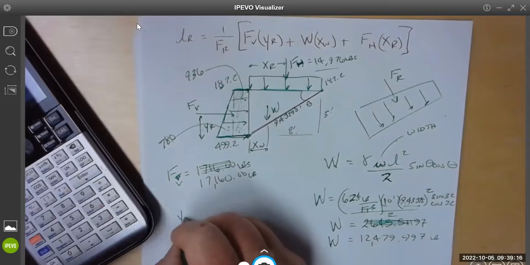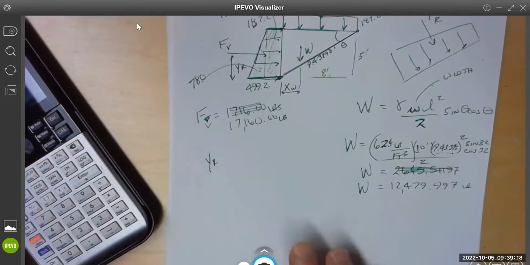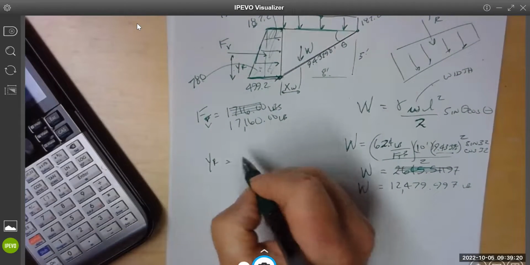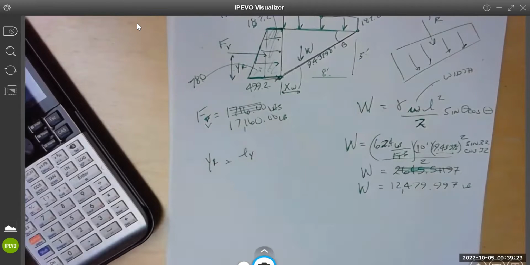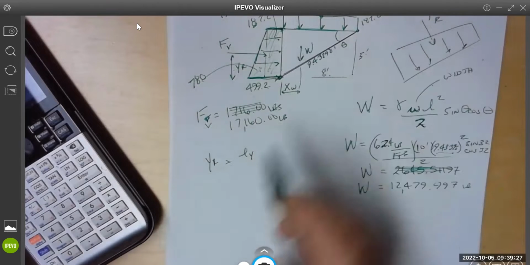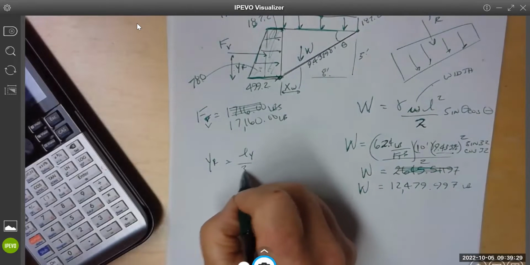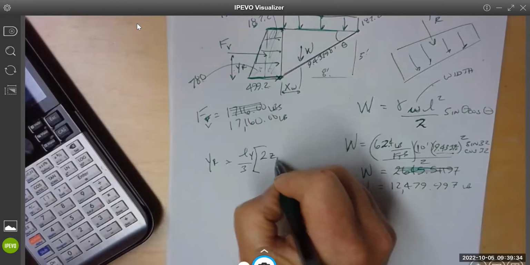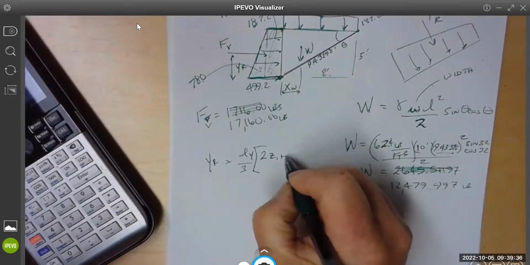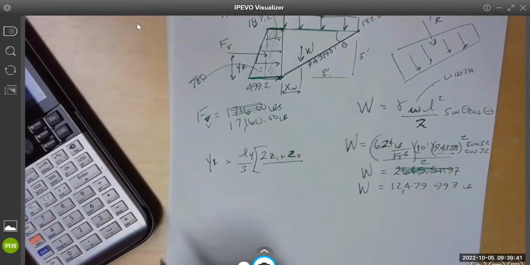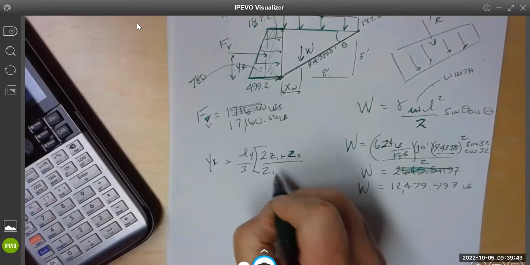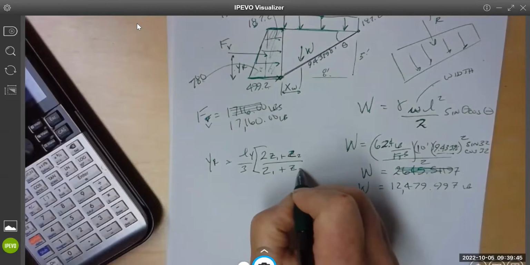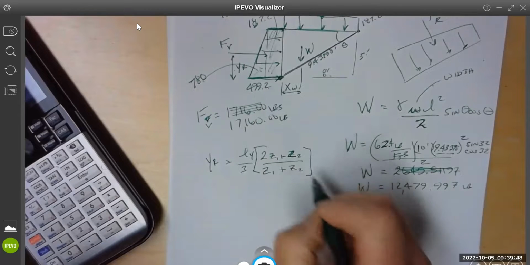So Y sub R, can you see that? L equals L sub Y, that is the vertical distance here, over 3 bracket 2 Z1 plus Z2 over Z1 plus Z2. That's simple.